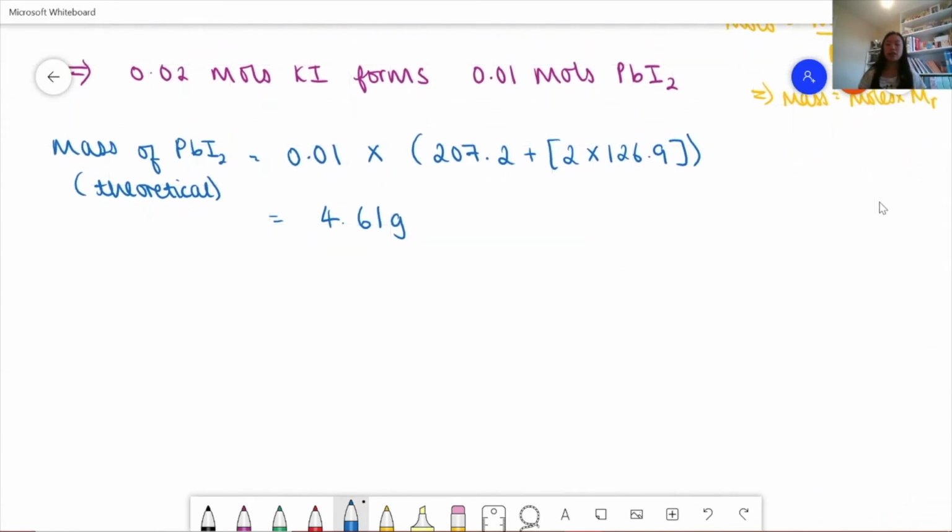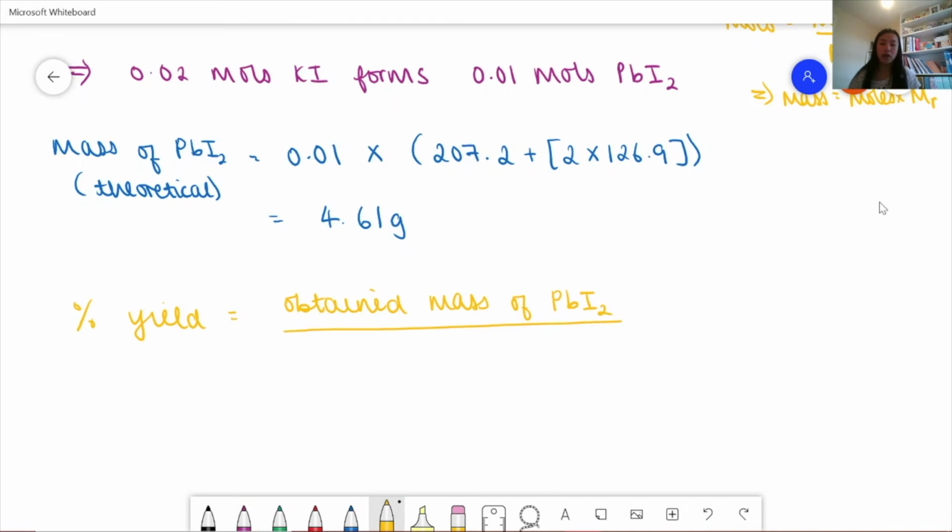So now we can work out our percentage yield. And we do this by using the equation we learned before. So we have the percentage yield is equal to our obtained mass of lead iodide over our theoretical.